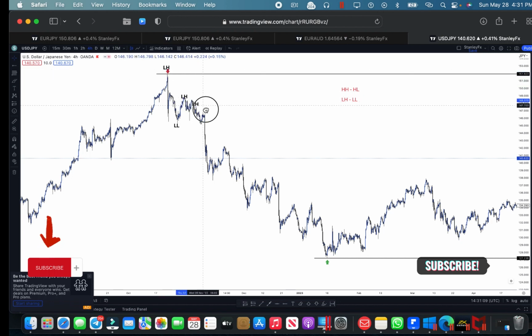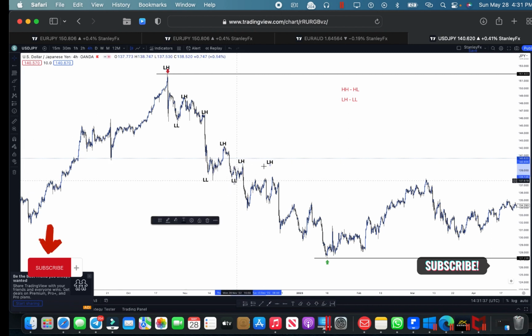This is another high, this is another low, another high there, a low there, another high, and another low.